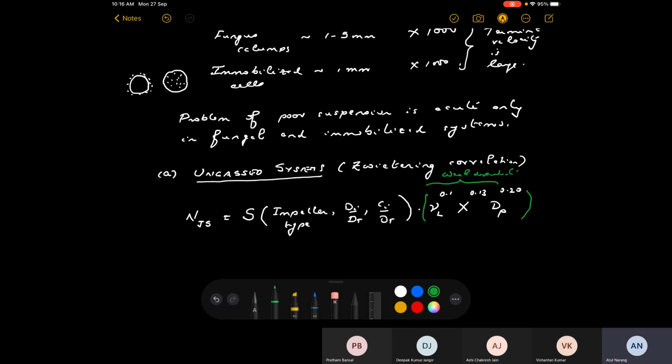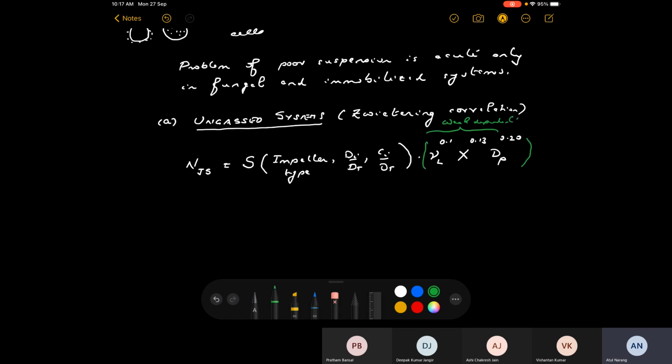If you have something to the power 0.1 or 0.13 or 0.12, it means that if that quantity increases, there is very little change. Do you understand my point? For example, nu L to the power 0.1, if I increase even fivefold, there's hardly any change. It'll basically not even increase twofold. So it's a very, very weak dependence on nu L.